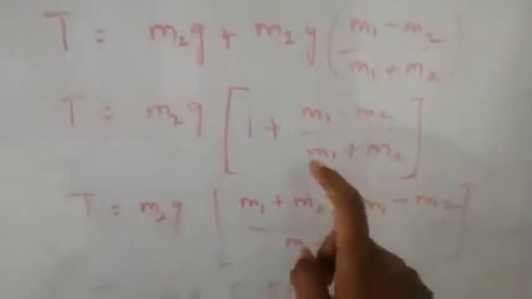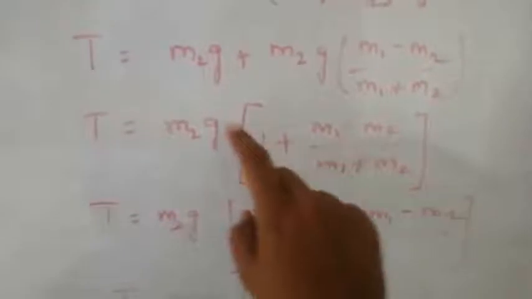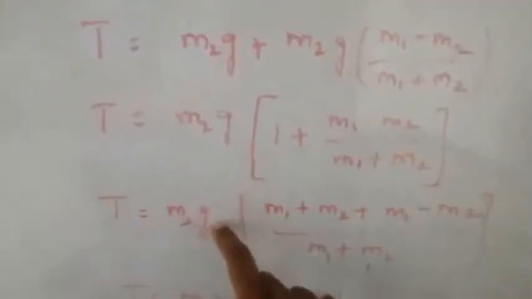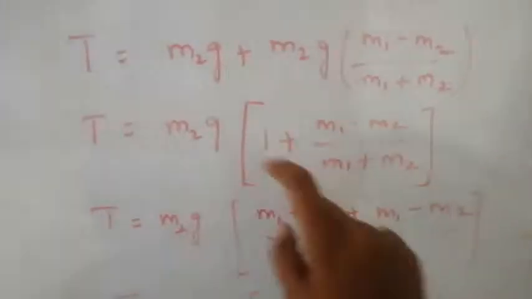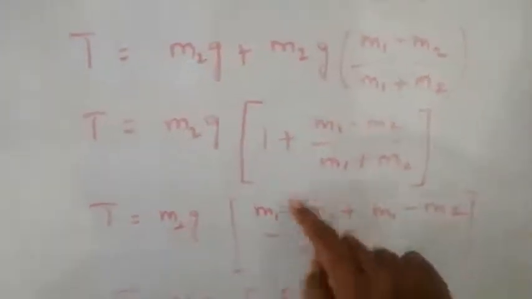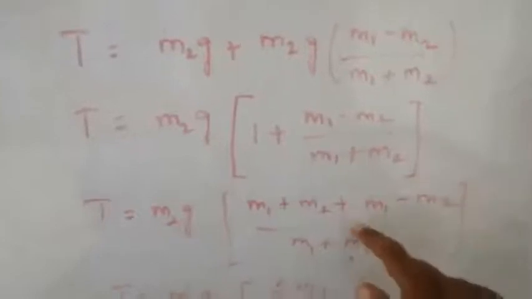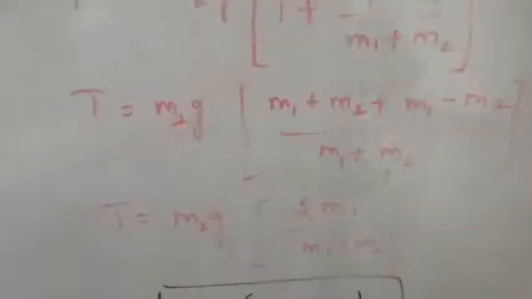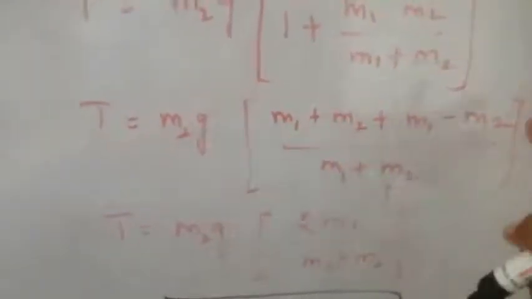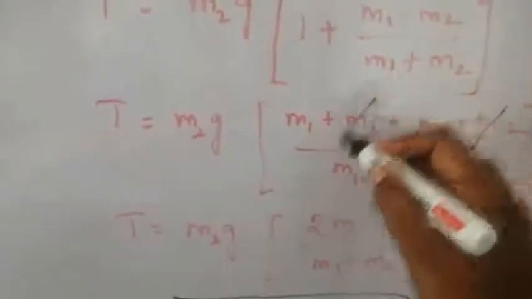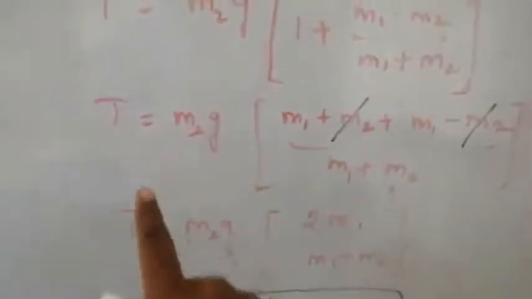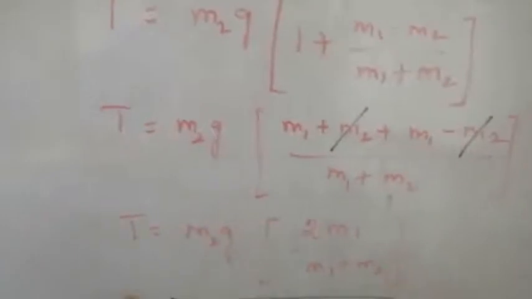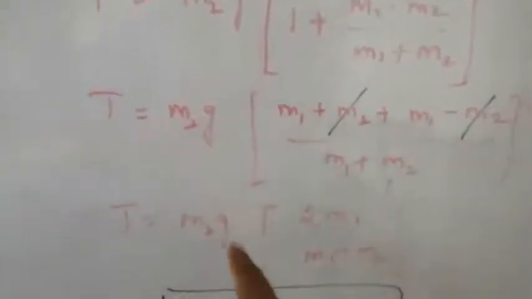Now I am going to cross multiply this with this 1. It becomes T equal to m2g. If you cross multiply, it will have m1 plus m2 plus this part, m1 minus m2, whole divided by m1 plus m2. In this you have plus m2 minus m2, which get cancelled off with each other. Then for the remaining terms, just join up and write T equal to m2g as it is.